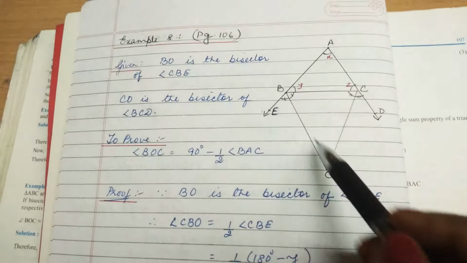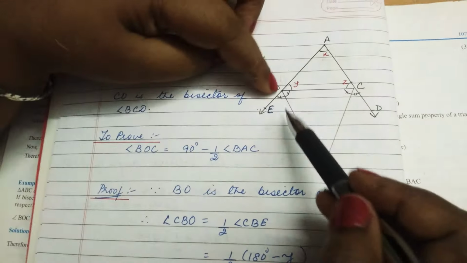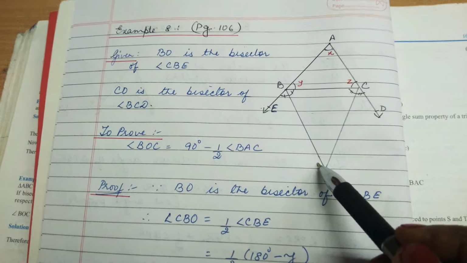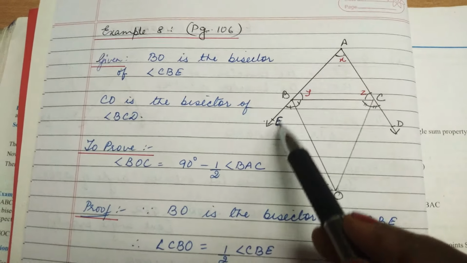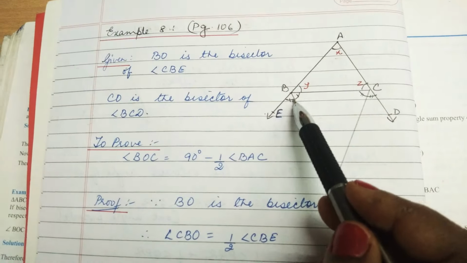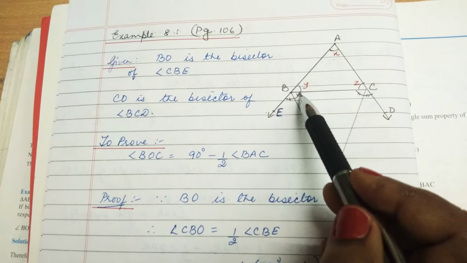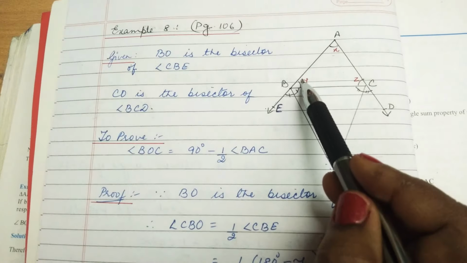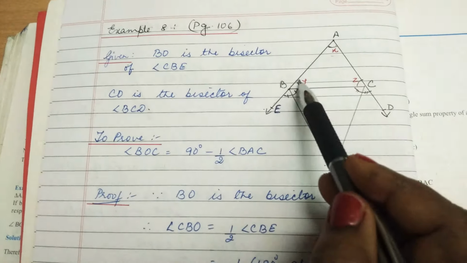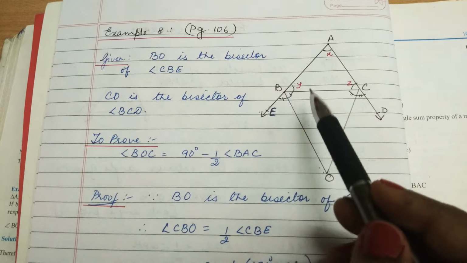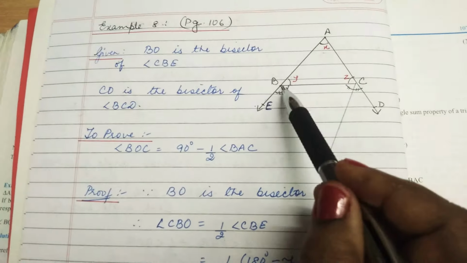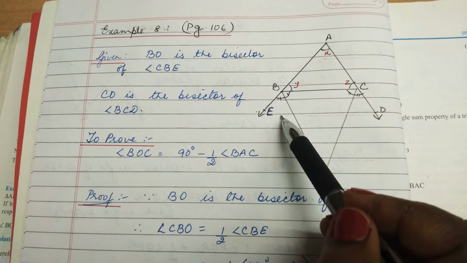Now BO is the bisector of angle CBE. Since this is a line, angle y plus angle CBE is equal to 180 degrees. Now CBO is half of angle CBE.